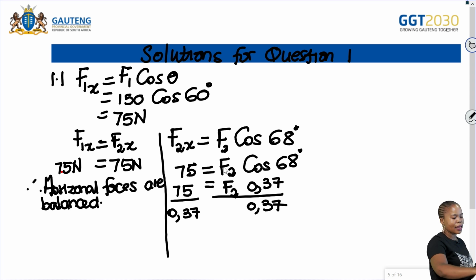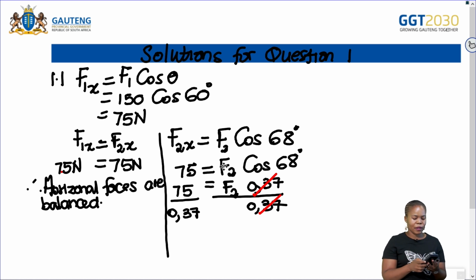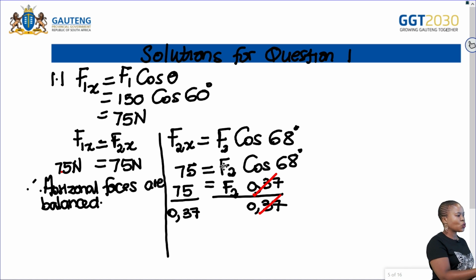Use a different pen so that you are able to tell which number it was before. So what is 75 divided by 0.37? It's going to be 200.